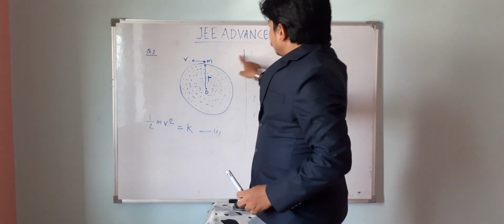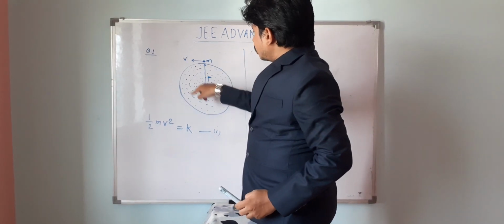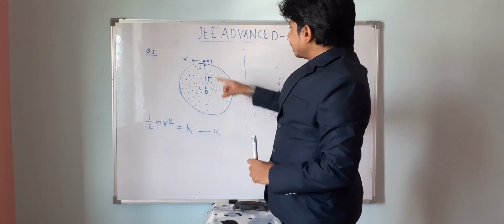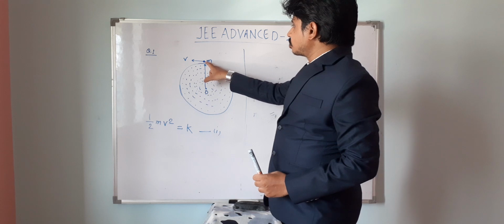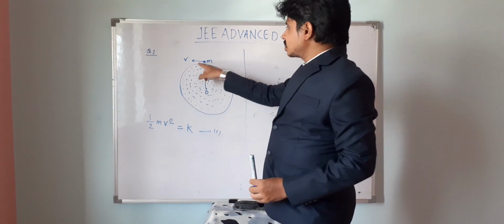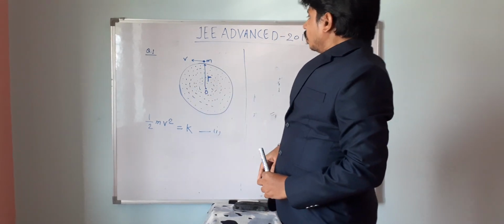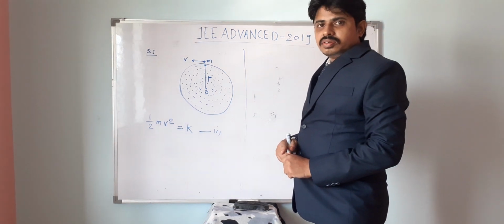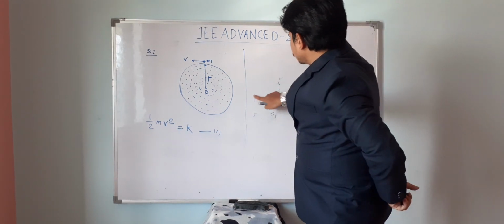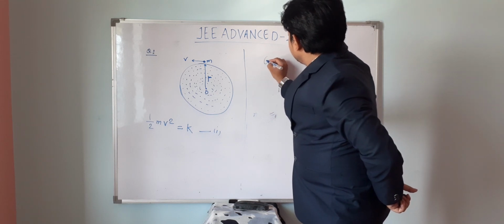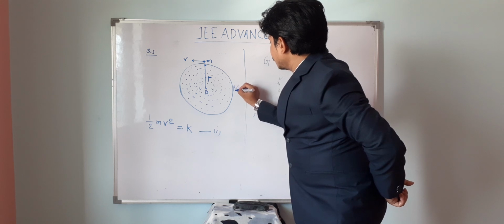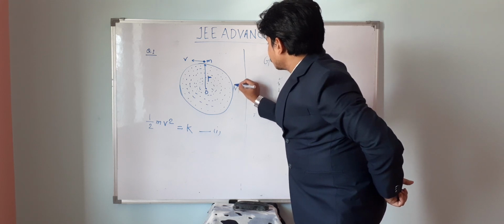Now, since the particle is rotating in a circular path, the net gravitational pull on this particle due to the entire gaseous molecules must be providing the necessary centripetal force. So we can also write: let capital M be the total mass of this sample.